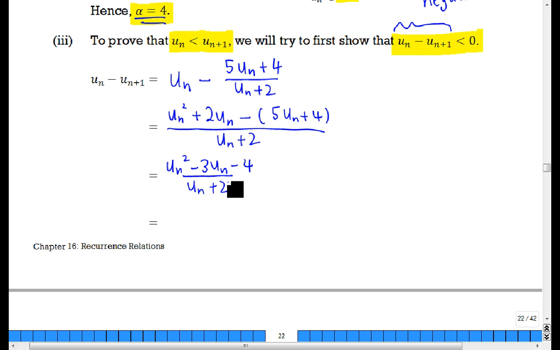Do we find the numerator familiar? Yes, we should, because just now when we solved for alpha, we had the same numerator, which means we can factorize.